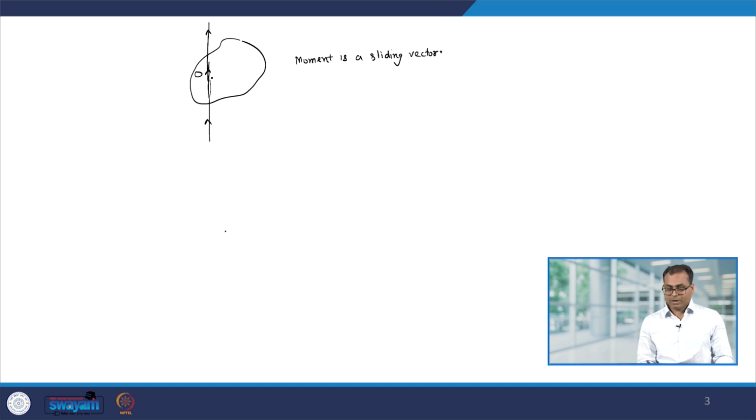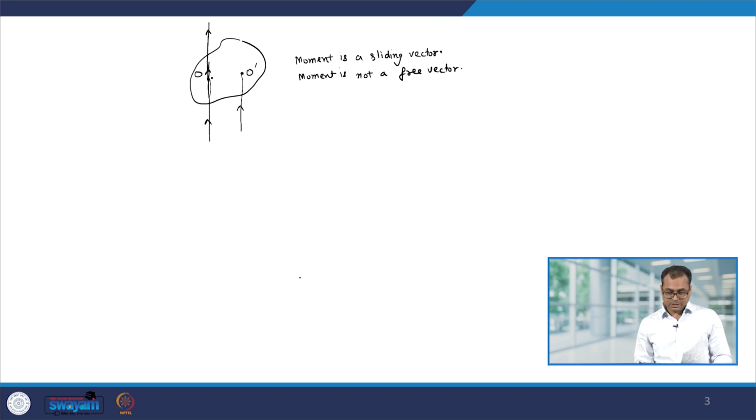But note that the moment about this point will be different than the moment about this point. Therefore, moment is not a free vector. That means it is a sliding vector, but it is not a free vector.